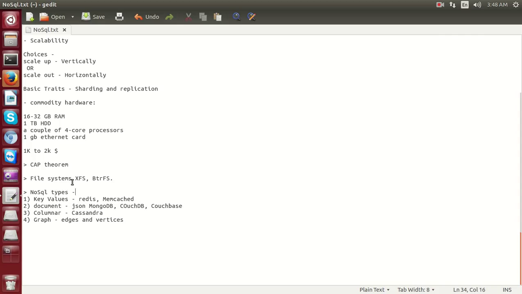Next comes, what are the different possible types of NoSQL databases? NoSQL databases can be categorized into 4 types. The first one and the simplest one being key value pairs. Examples are Redis or Memcached, which most of us must have seen in our projects.